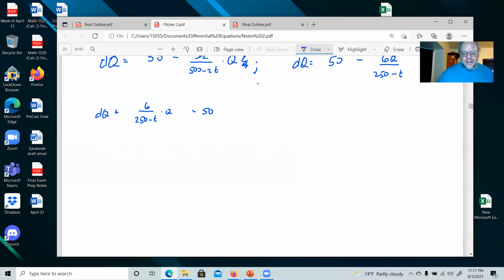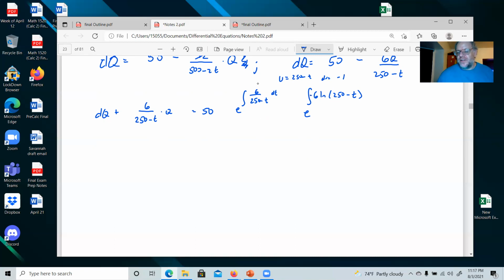So my integrating factor is e to the integral of 6 over 250 minus t dt. Go ahead and integrate this. This is e to the integral, 6 ln 250 minus t. But when I take my u, u is 250 minus t, du is really -1, so we need a negative in here.